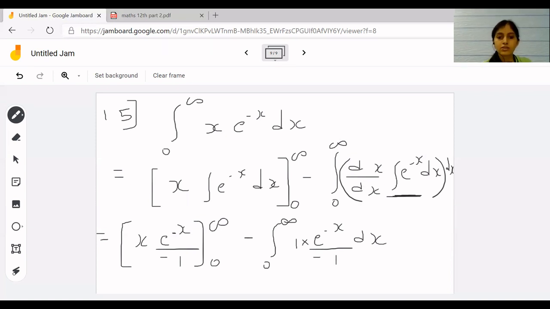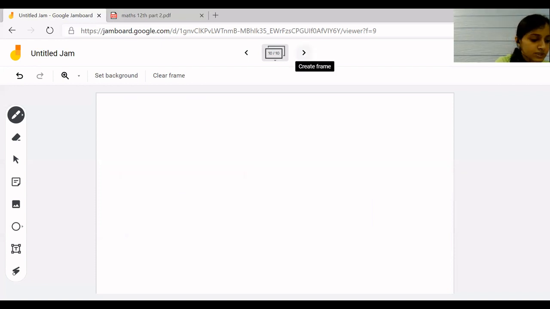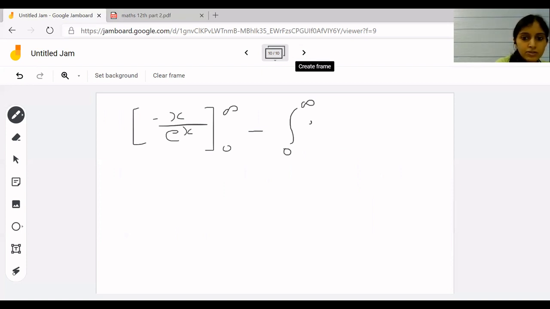Okay, so for the first one it will be minus x upon e raised to x, 0 to infinity, minus integral 0 to infinity e raised to minus x dx. Okay, so this will be equal to, now let us substitute the limits in this.